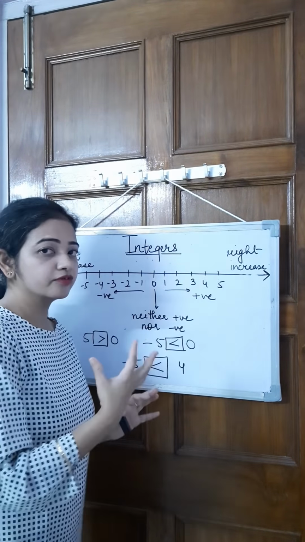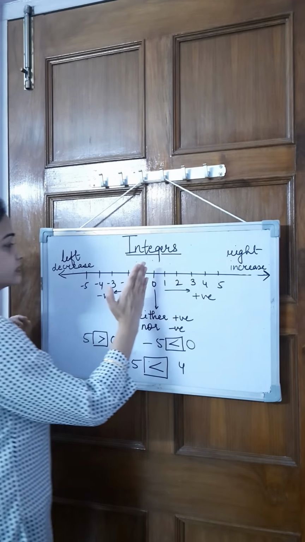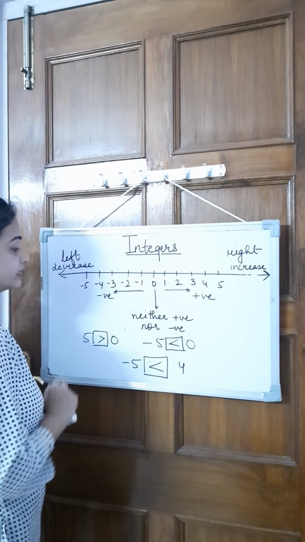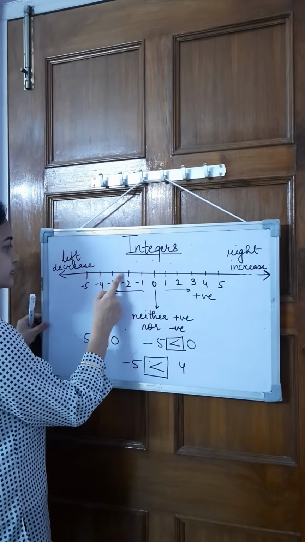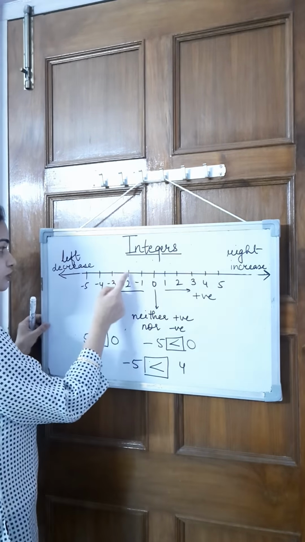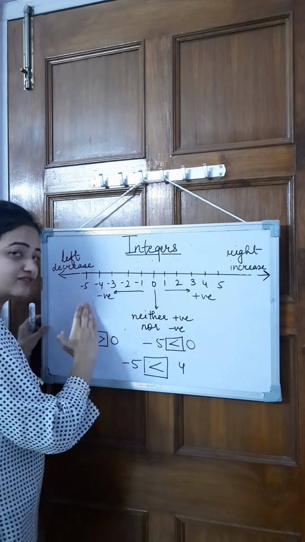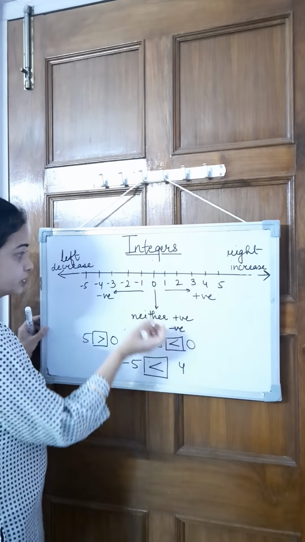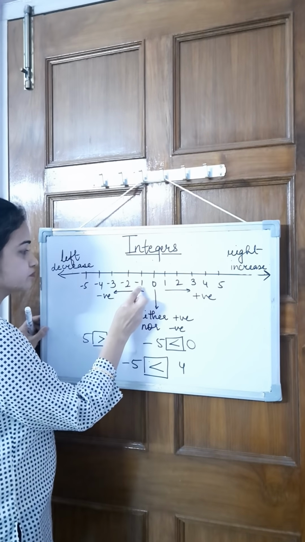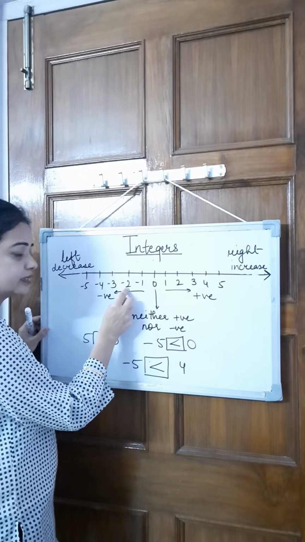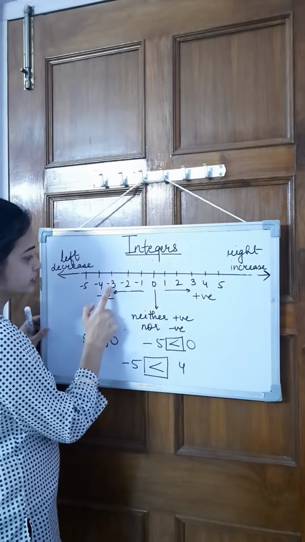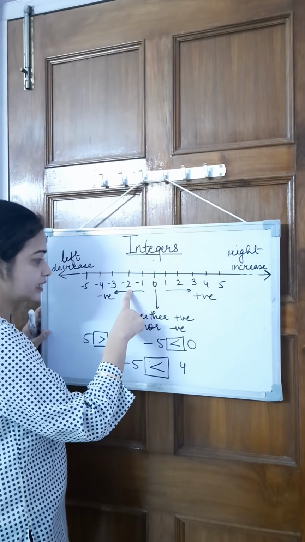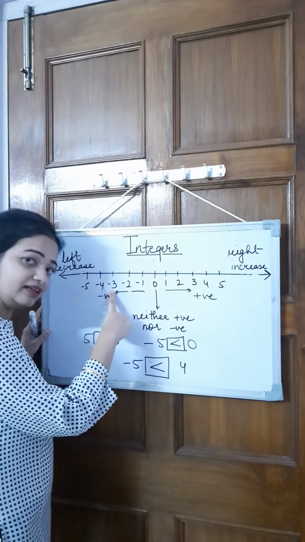Now if we observe it more closely, if I don't take the positive numbers, and take only the negative numbers, then I can say that the numbers are decreasing when I am going this side. So the number written to the left is smaller and the number written to the right side is greater. This means that -1 is greater than -2. Now -2 is greater than -3, because -2 is written to the right side and -3 is written to the left side.